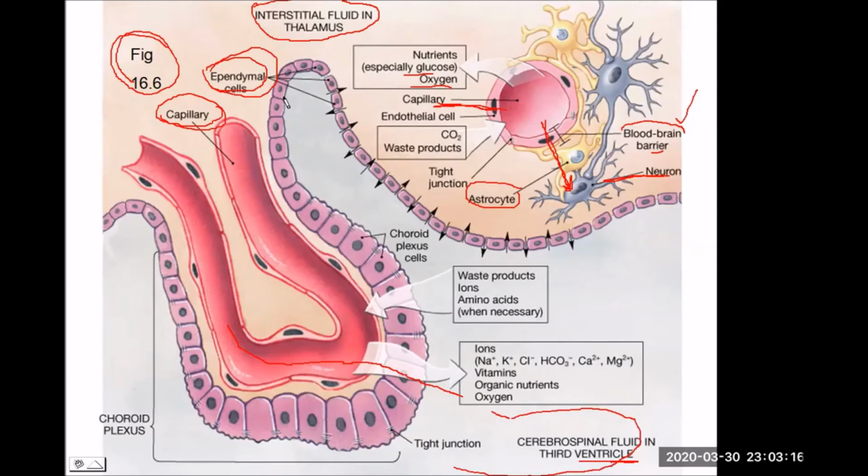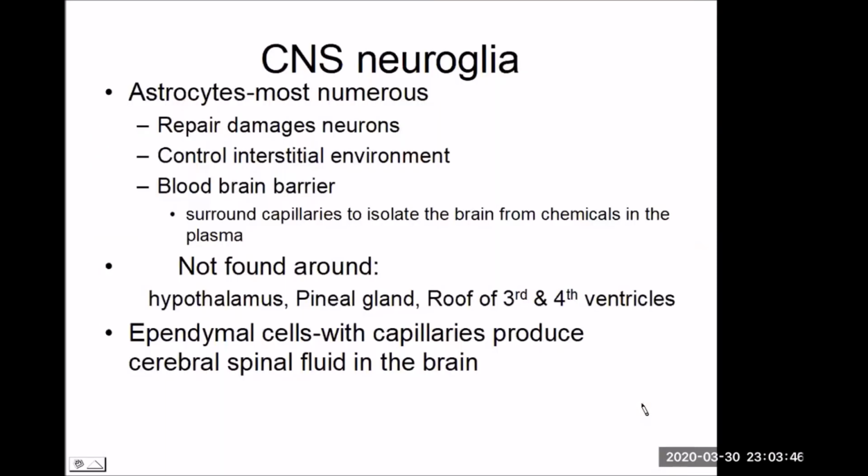So both of these two types of neuroglial cells do interact with capillaries. The astrocytes have that direct interaction with the neurons, whereas the ependymal cells fill the hollow spaces in your brain and spinal cord with cerebral spinal fluid. So ultimately, they have two different targets. So that's the first two, and I would say the more difficult two.